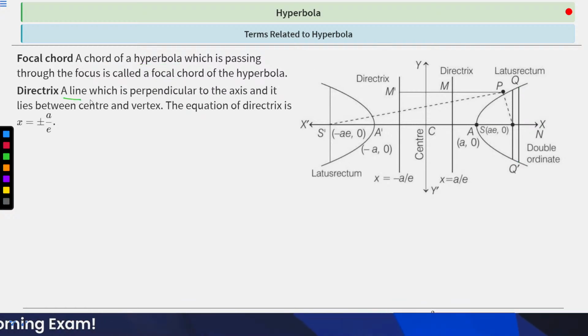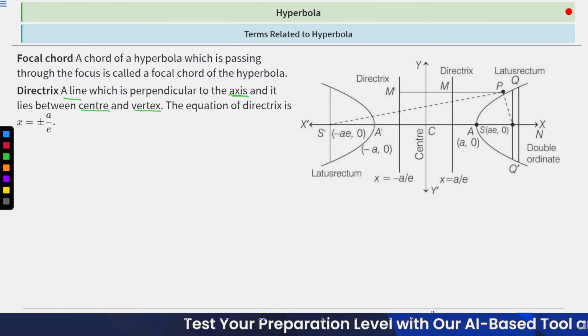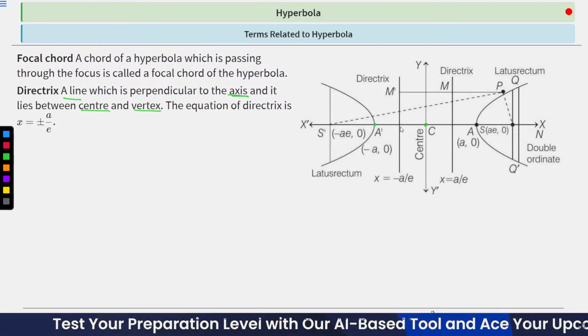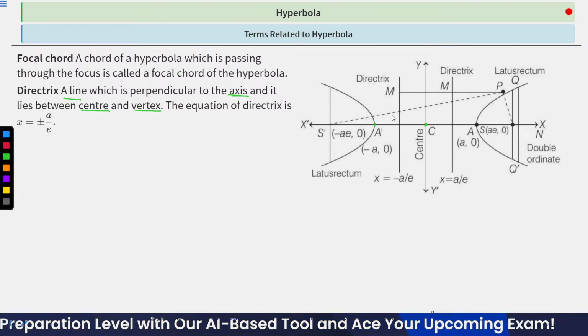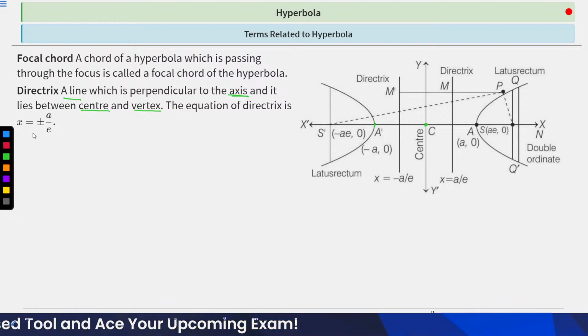Now directrix: a line which is perpendicular to the axis and lies between center and vertex. As you can see, here's your vertex, here's your center. So the line lies between the center and the vertex, and whose equation is x equals plus minus a by e.